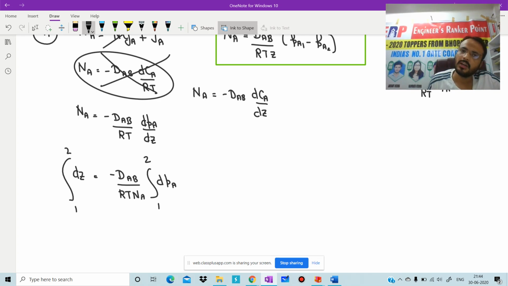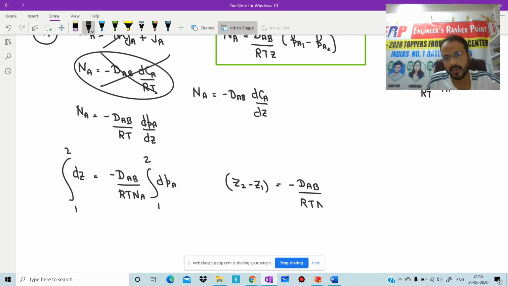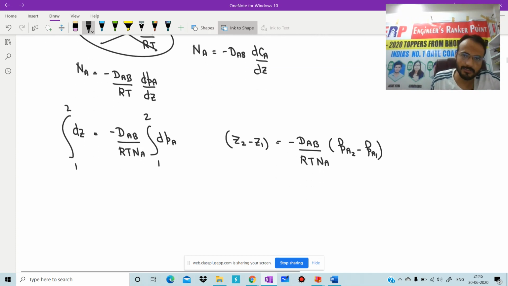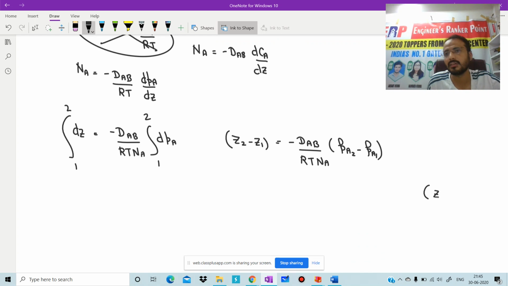You will get Z2 minus Z1 equal to minus of DAB by RT into NA into PA2 minus PA1. If we take minus 1 as common, then what will you get? In the previous derivation also, what did we assume? We assumed that Z2 minus Z1 is equal to Z. Is it clear?